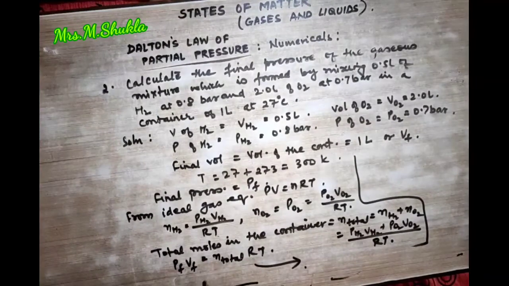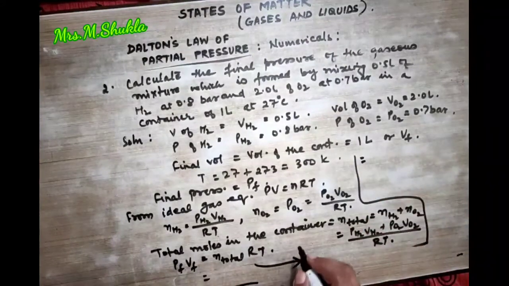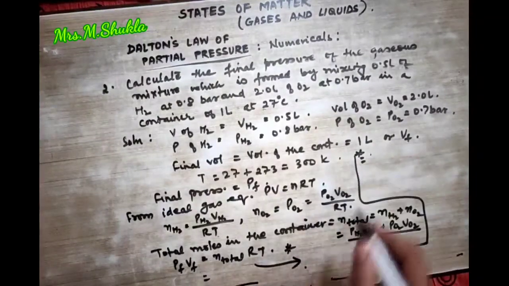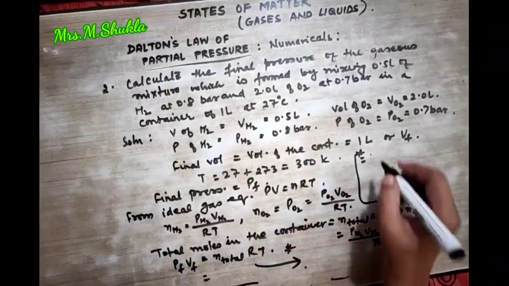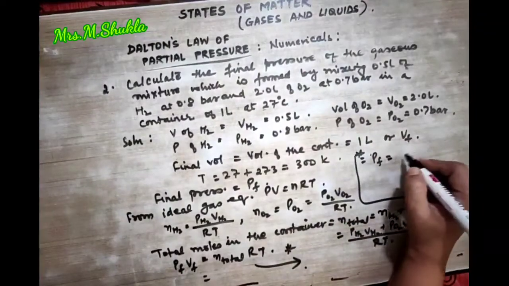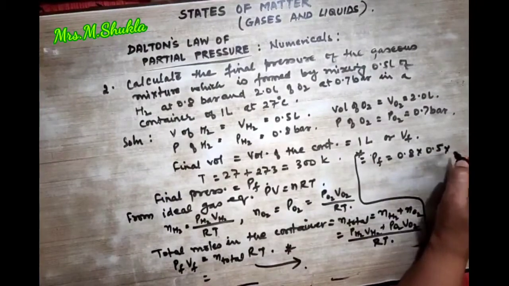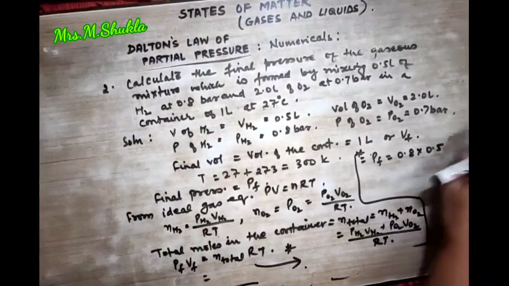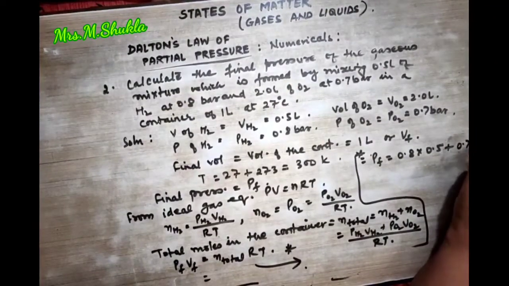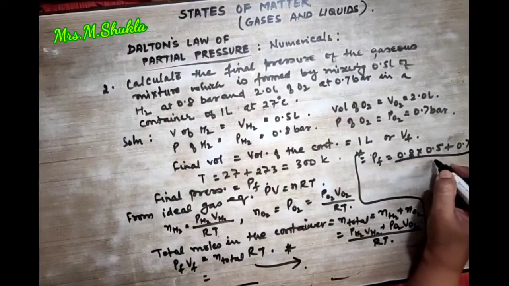So this will be equal to, coming from here, the final pressure PF equal to 0.8 bars into 0.5 liters plus 0.7 into 2 liters upon 1.